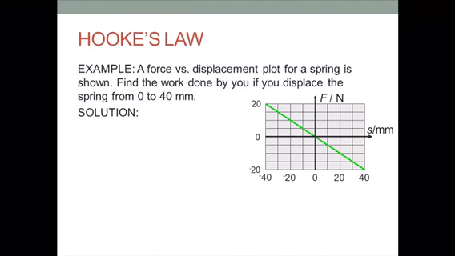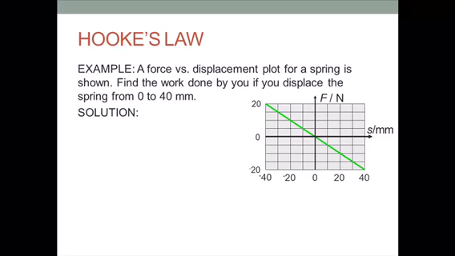We can ignore the quadrants where displacement is negative, as in the situation they say that we moved it from 0 to 40. There we can see that the force is negative because, as implied by Hooke's law, the force is in the opposite direction and hence has the opposite sign of the displacement.